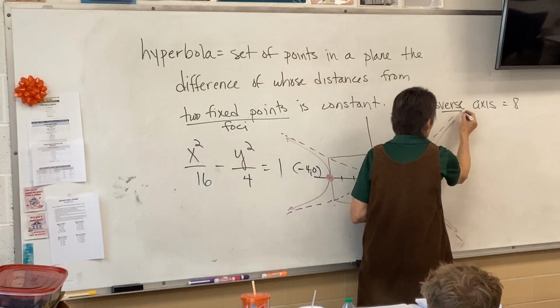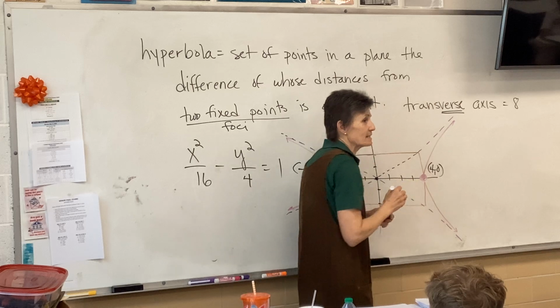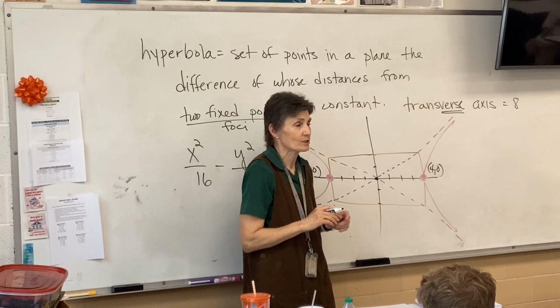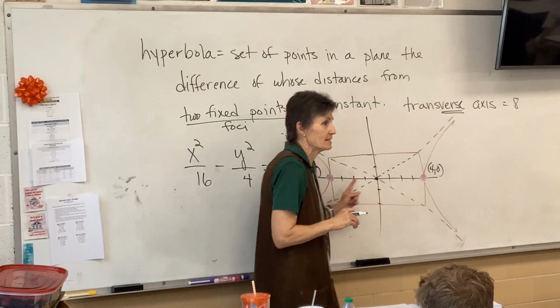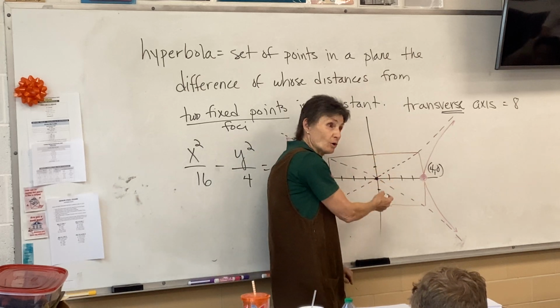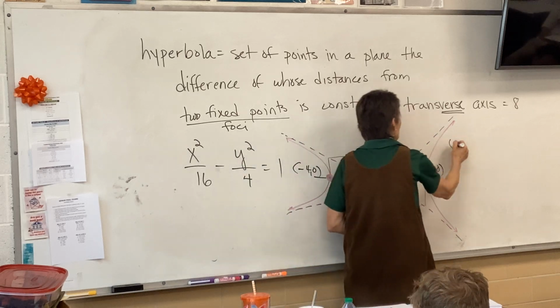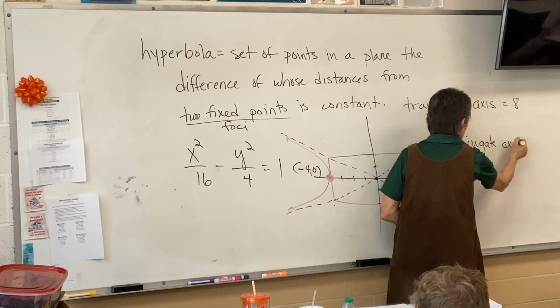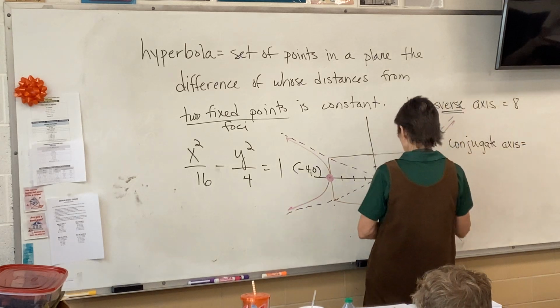See this right here? Think of vertices. So transverse joins the vertices. And then the other axis, what we used to call the minor axis, is now called the conjugate axis. And it is 4.